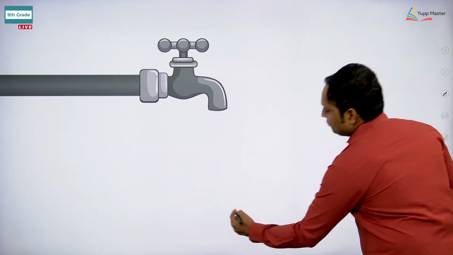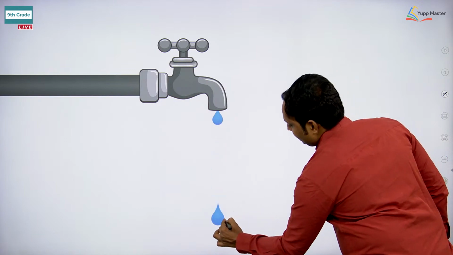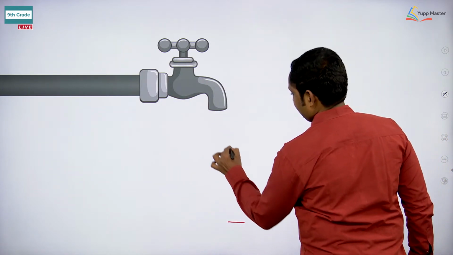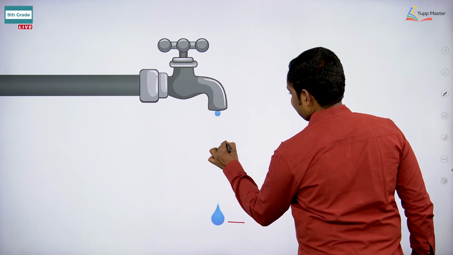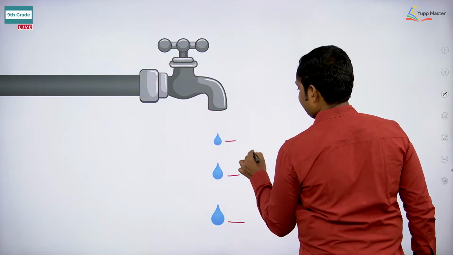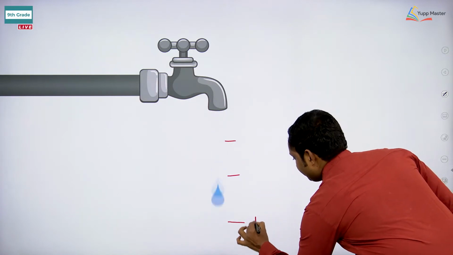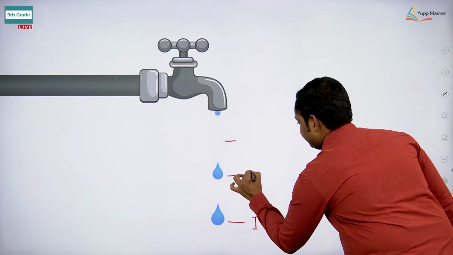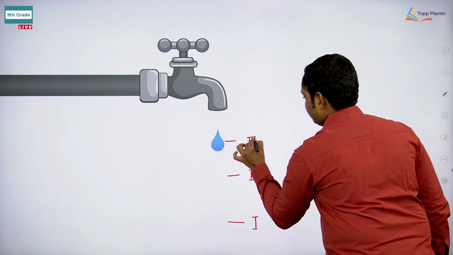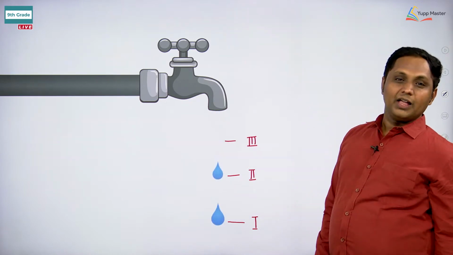But if you are going to take that, this is the third one, this is the second one, this is the first water drop, this is the second water drop, this is the third water drop. Let us assume.